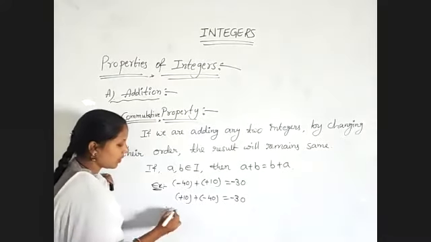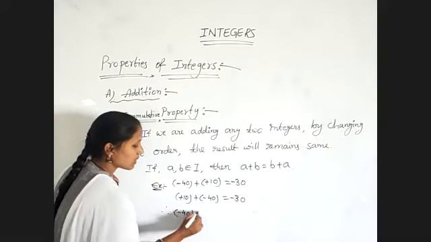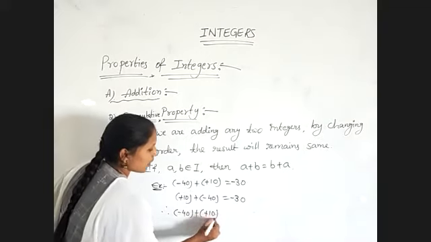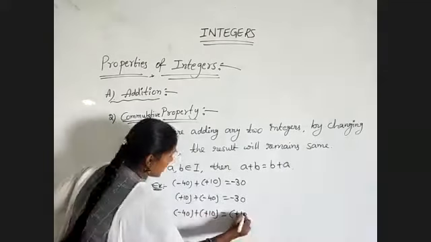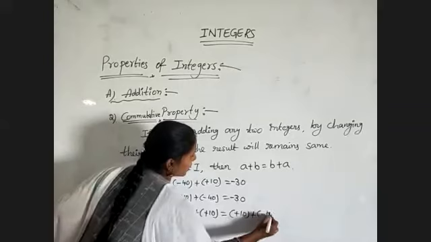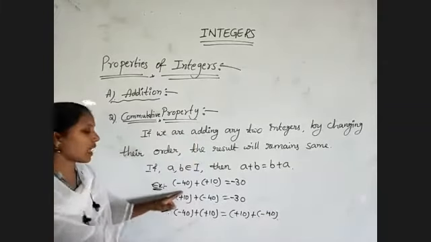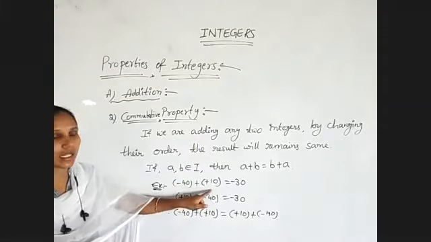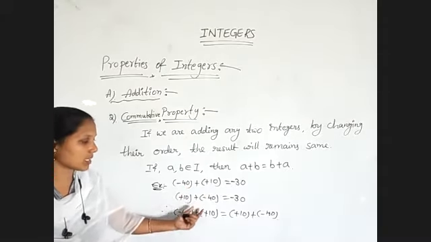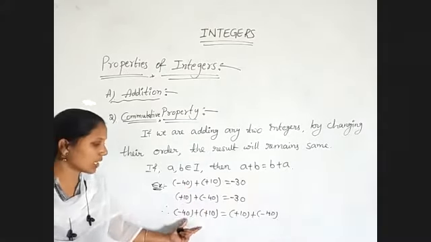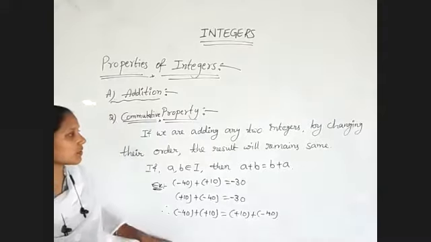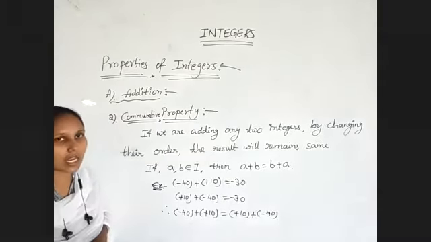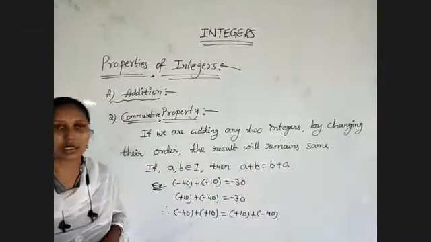Therefore -40 plus 10 is equal to 10 plus -40. So the a value is -40 and the b value is 10. a plus b is the LHS and b plus a is the RHS. So LHS is equal to RHS. That's why this property is applicable for addition of integers.